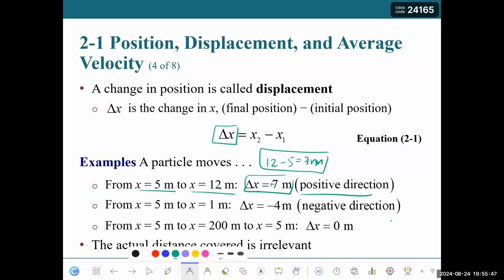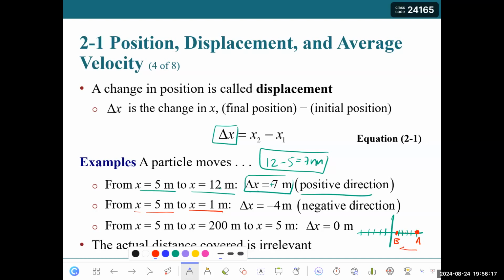Let's suppose here 1, 2, 3, 4, 5. You were at x equals 5, and I'm asking you to move to location x equals 1. So you count and end up here. You were at point A and now you are at point B. Which way did you go?